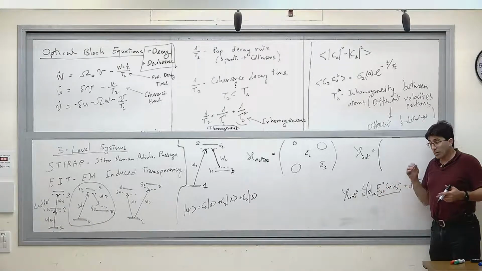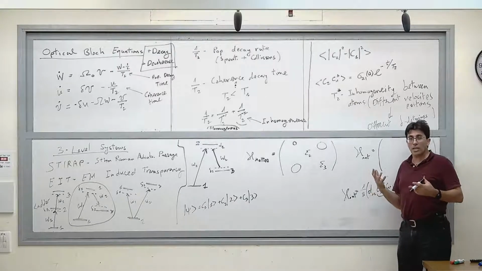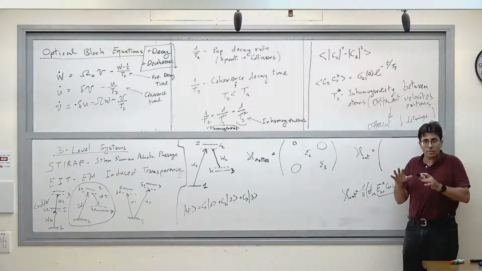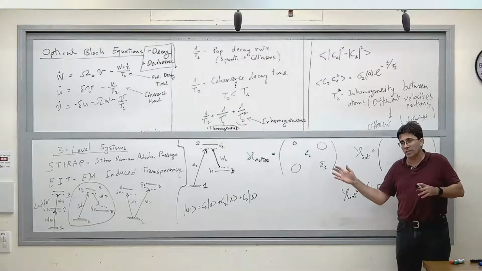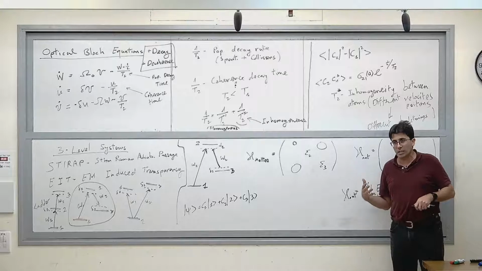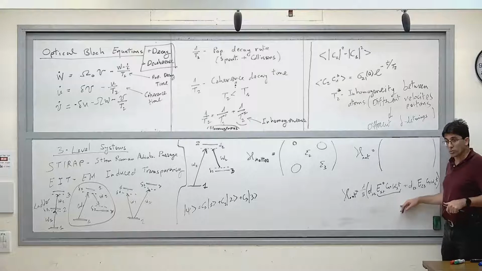But in many cases, let's first make the system as simple as we can. It's already complicated enough. And the other thing is that you'll see that the interesting effects are already here.